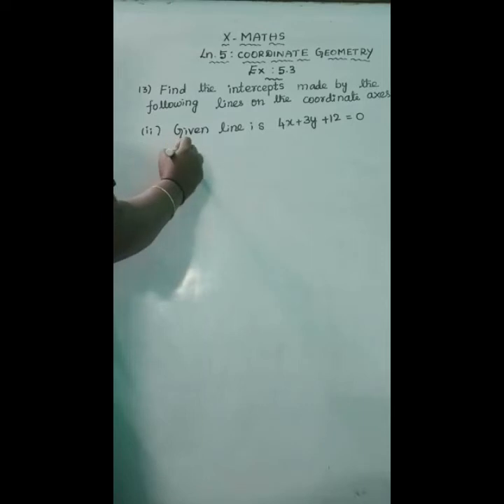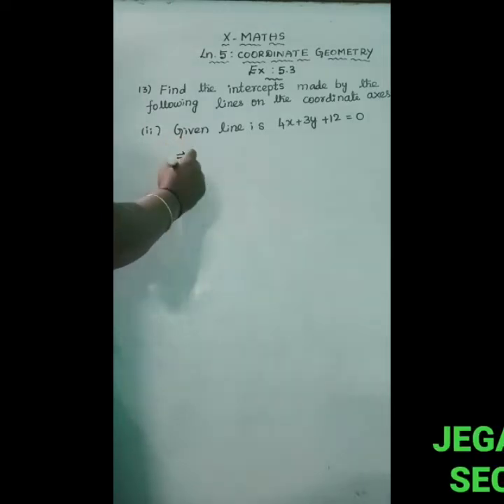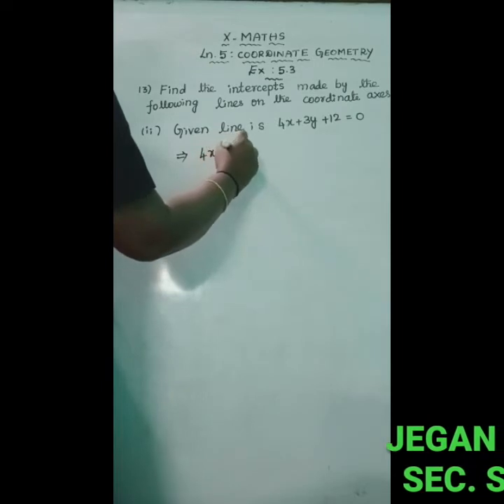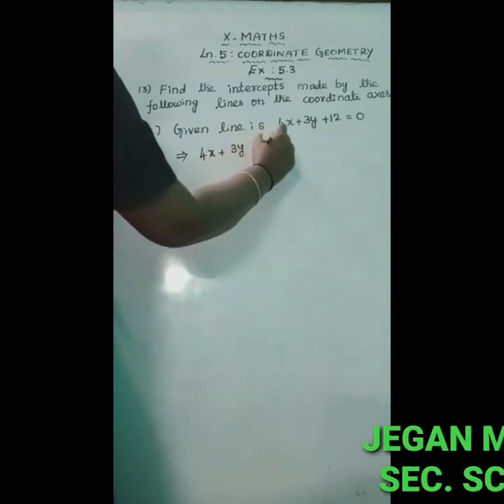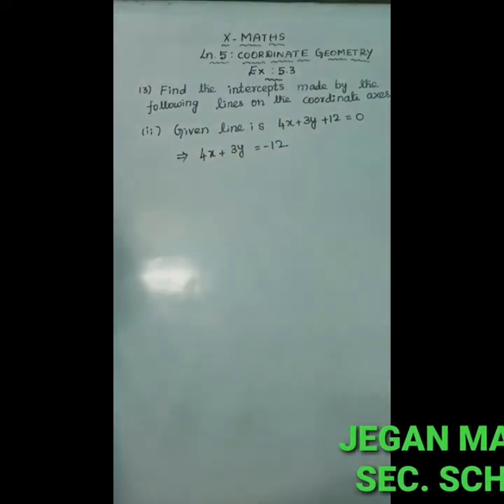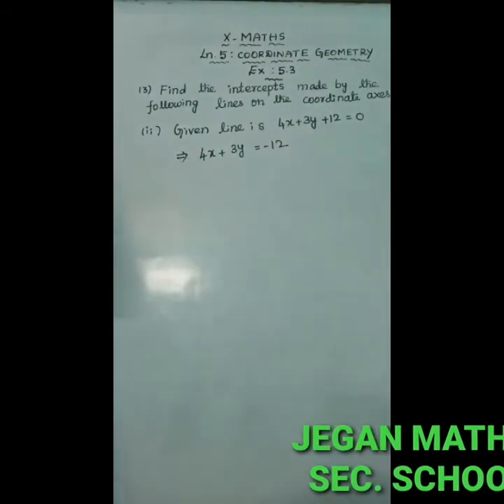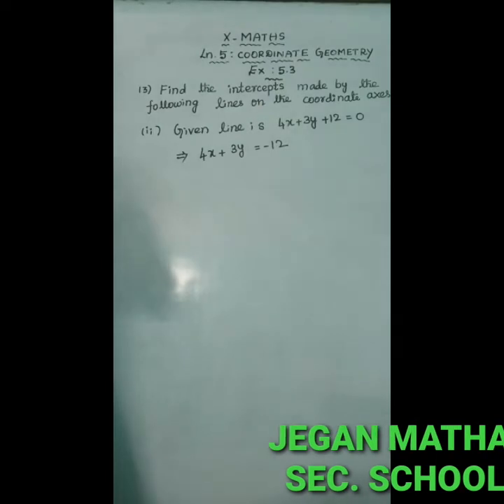So the given line is 4x plus 3y plus 12 equal to 0, we find the intercepts for the equation of the line. So first the constant term moves to the right hand side. We have 4x plus 3y is equal to minus 12. So here the constant term is minus 12 on the right hand side.